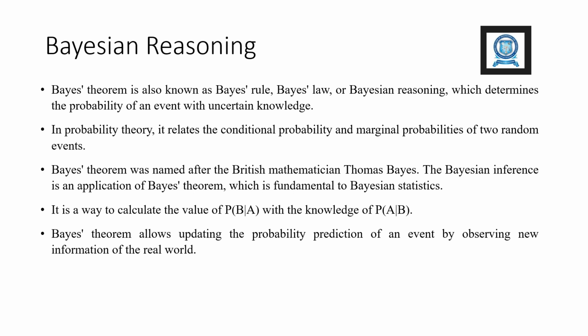The Bayesian inference is an application of Bayes' theorem which is fundamental to Bayesian statistics. It is a way to calculate the value of P(B|A) with the knowledge of P(A|B). Bayes' theorem allows updating the probability prediction of an event by observing new information of the real world.